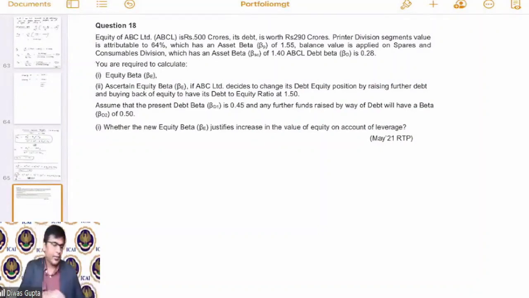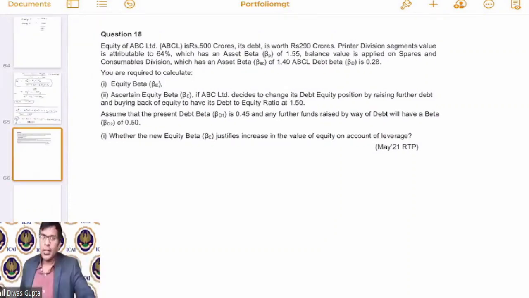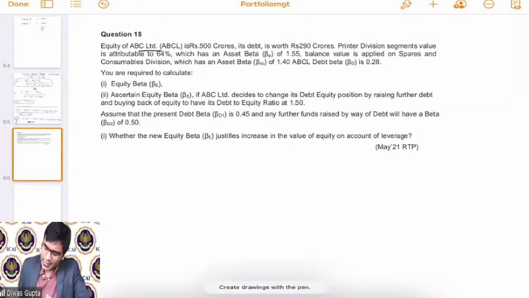So we will read out this question. Coming to question number 18. So yeah, on question number 18, as I was saying, equity of ABC Limited is 500 crores and its debt is 290 crores.